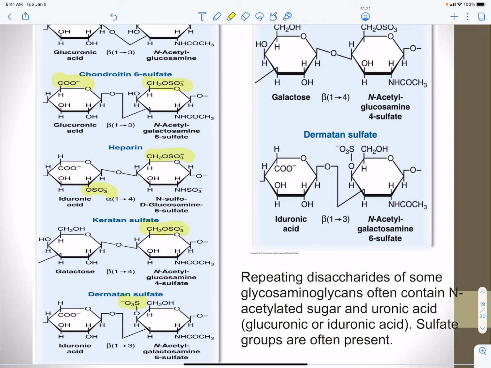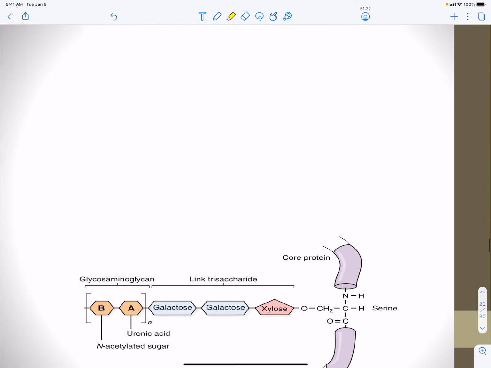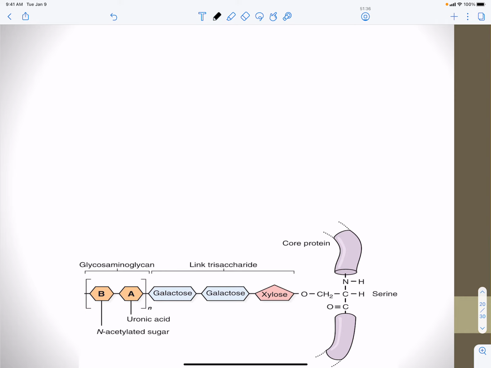Another thing that is going on with your proteoglycans is that you have long negative charges because they're repeating units, and these are going to, of course, repel each other.